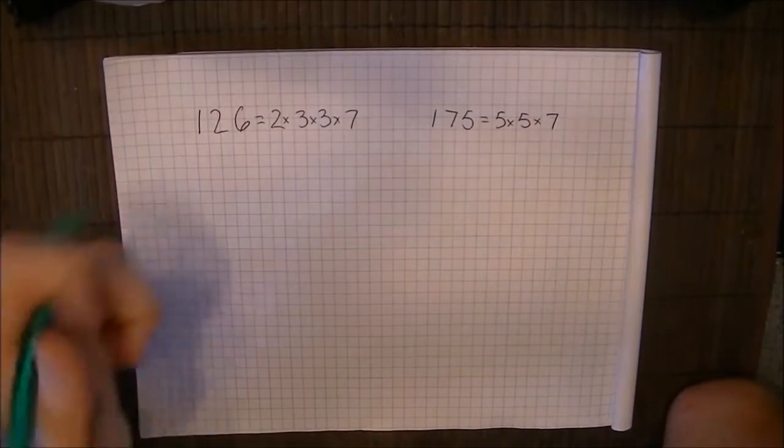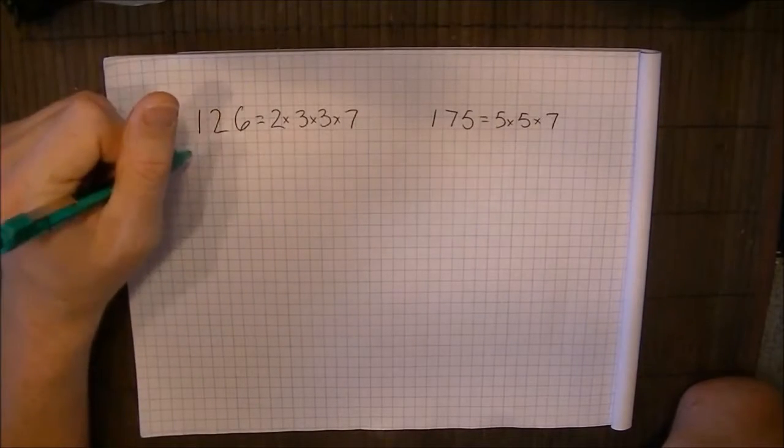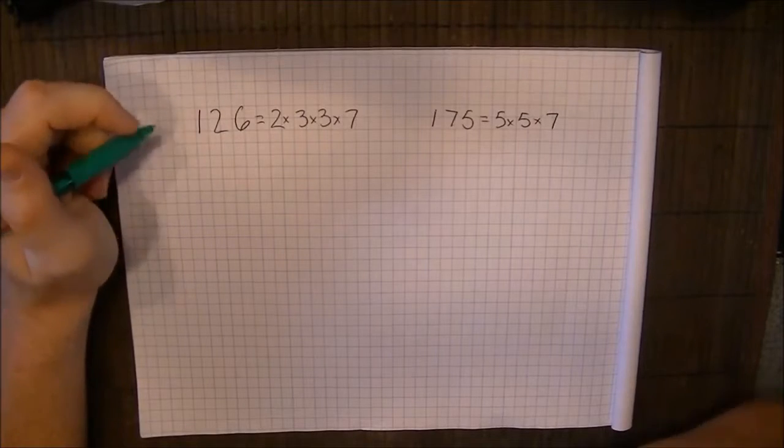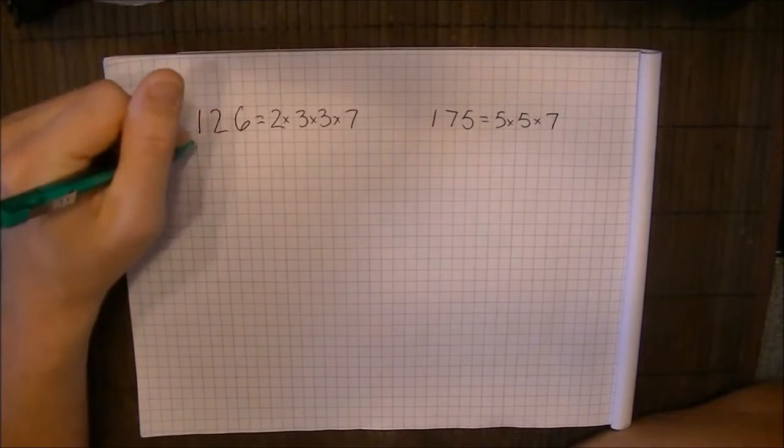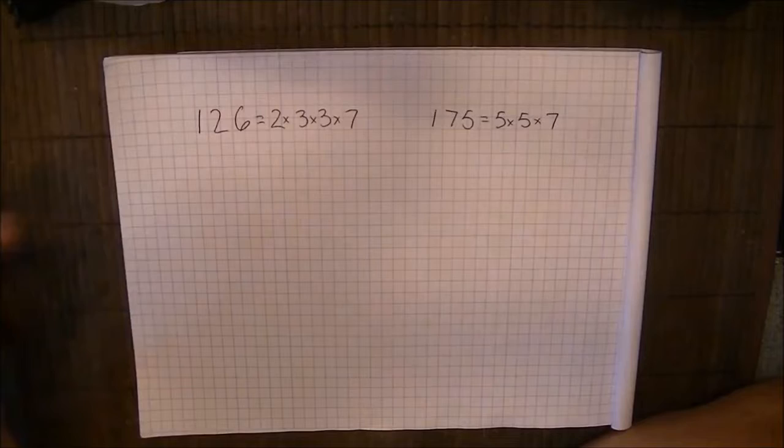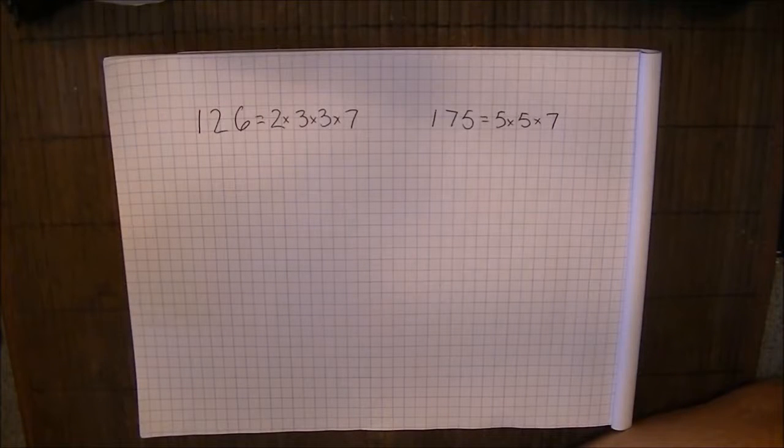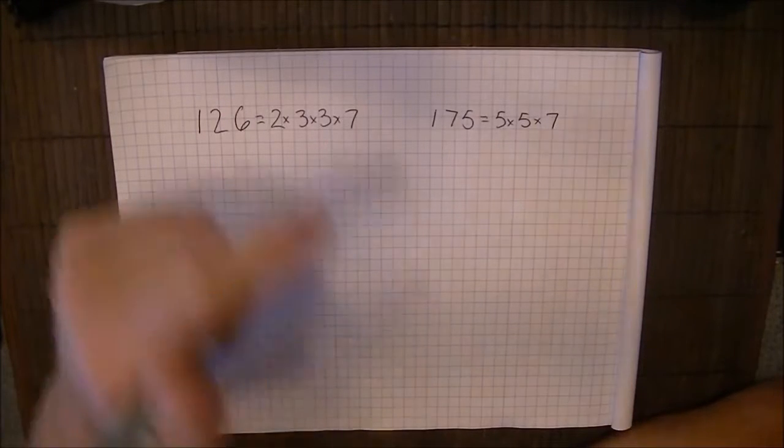So let's try that real quick. I'm going to get my calculator out. I know that you guys aren't allowed calculators, but this is just going to make things faster from the point of view of watching.